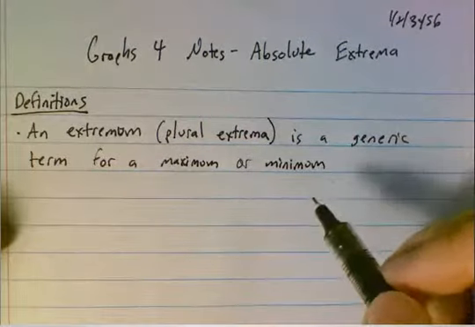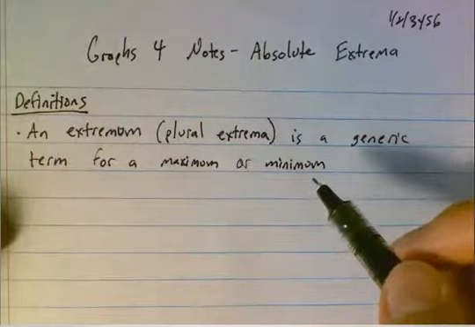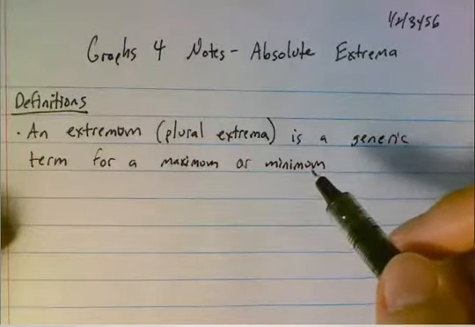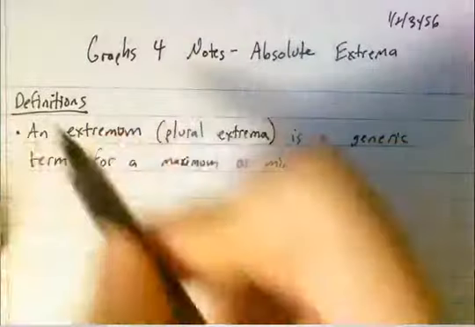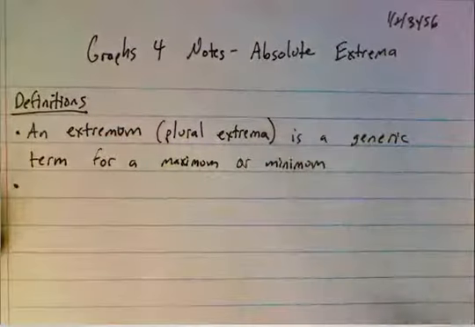So when a problem says find all extrema, it's just saying find all maximums and minimums, or maxima and minima actually, if you want to use the Latin plural. And so there are two different types of maxima and minima.